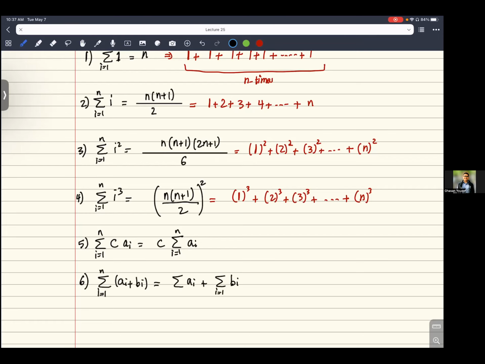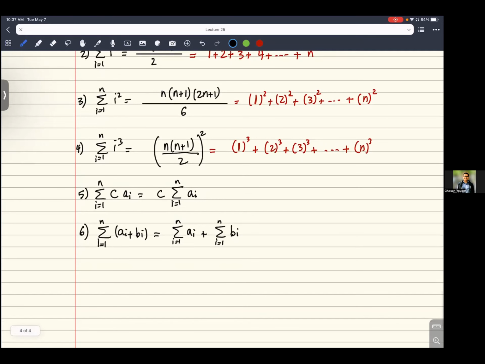And also number 7, the difference ai minus bi, is the same as the sum of ai minus the sum of bi, i from 1 to n.